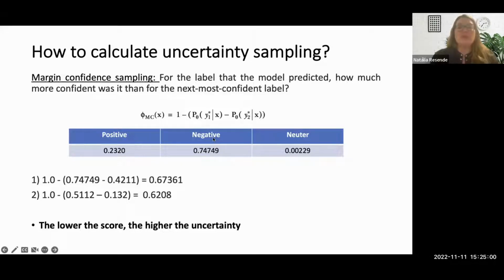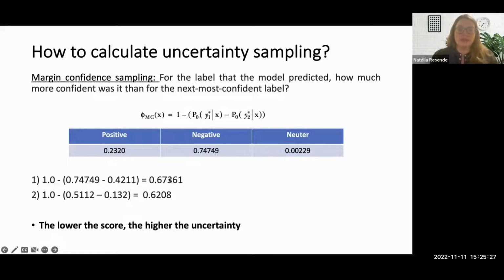But the second most confident label is positive, so the model could be between positive and negative, right? So we subtract the probability of negative from positive, and then we subtract the result of this subtraction from 100%, or 1.0.